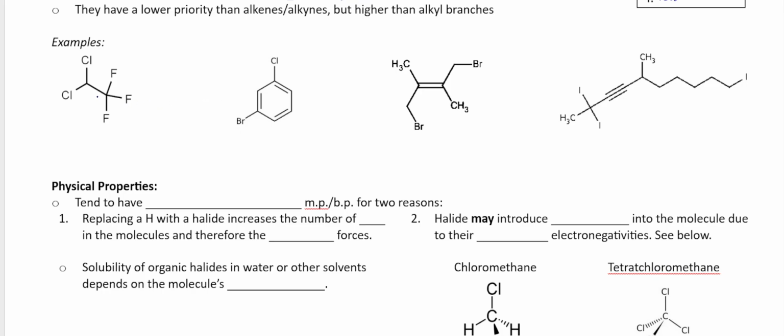If we look at this example right here, we can see that there are two carbons. There's a carbon here and a carbon here. The question is, which way am I going to number them?